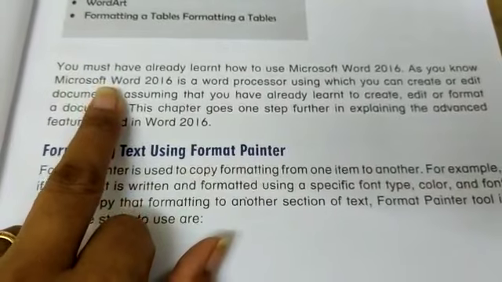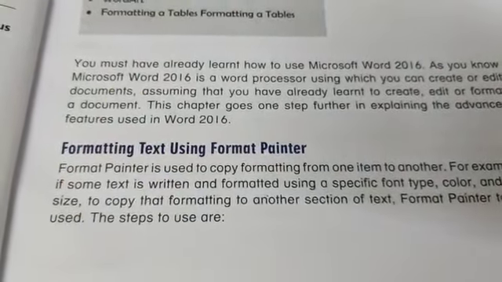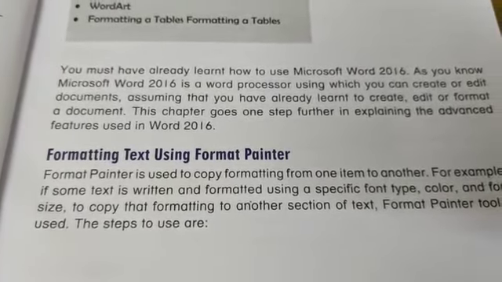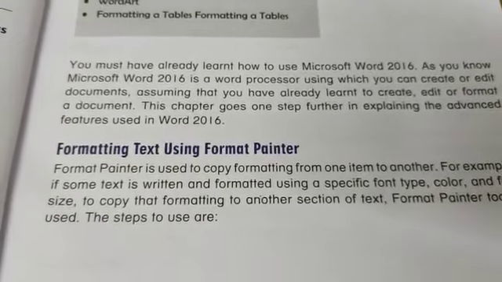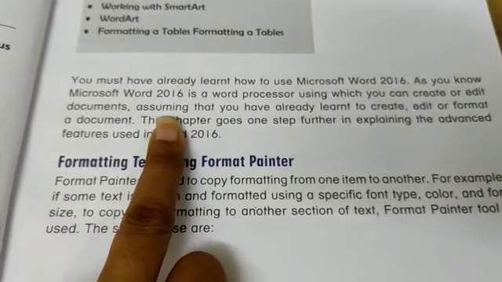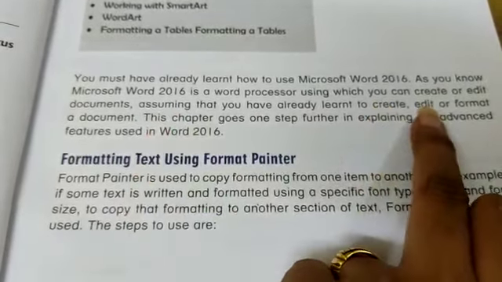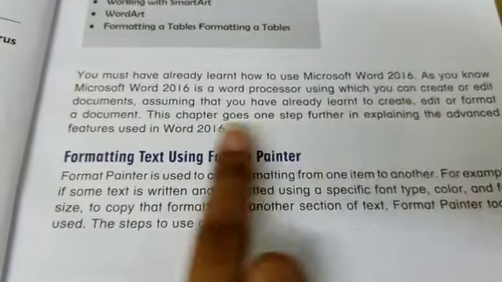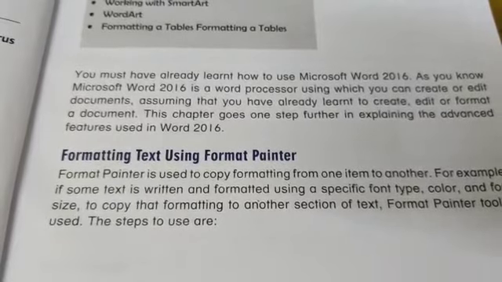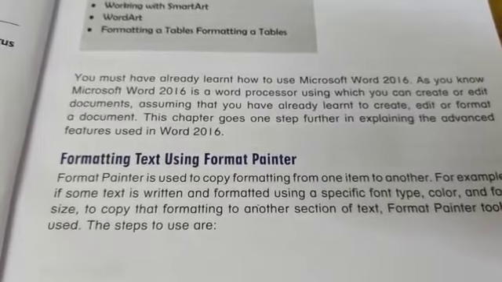Assuming that you have already learned to create, edit or format a document, because you have already studied this in the last class, this chapter goes one step further in explaining the advanced features used in Word 2016.